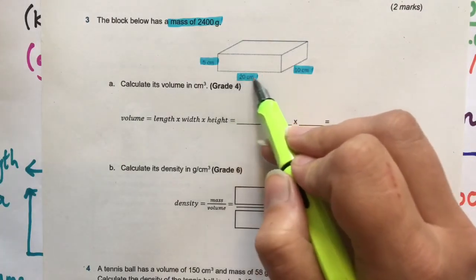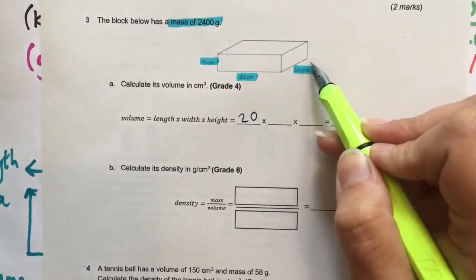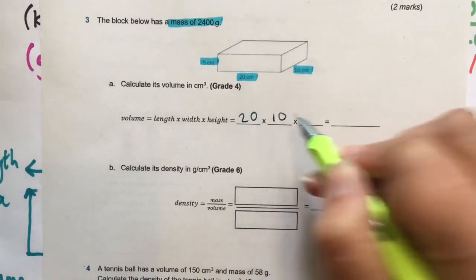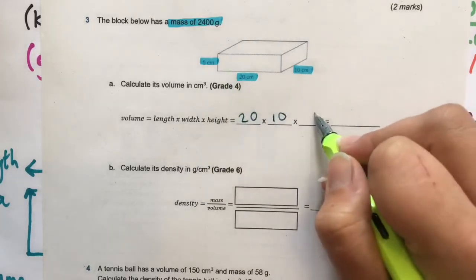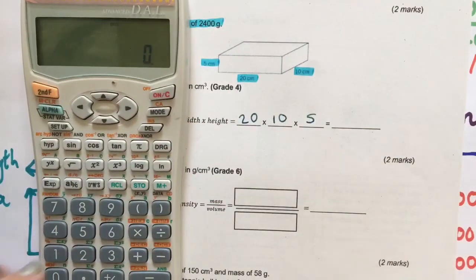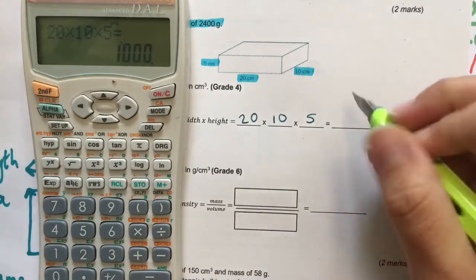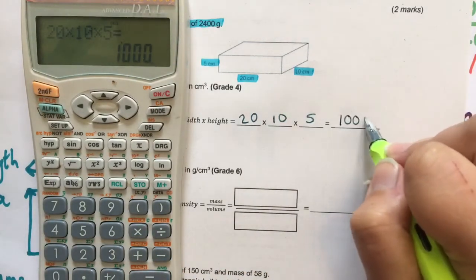So the length here is 20 centimetres, the width is 10 centimetres, and the height is 5 centimetres. So if we get our calculator, 20 times 10 times 5 is 1,000 centimetres cubed.